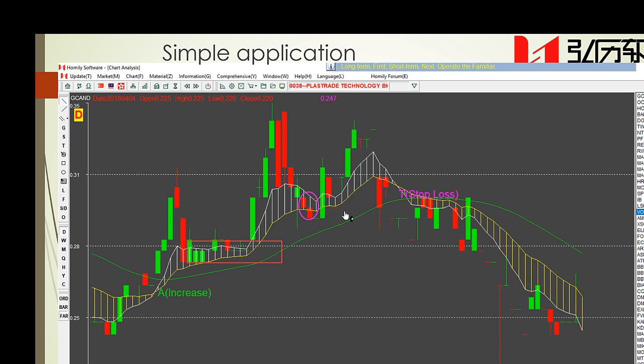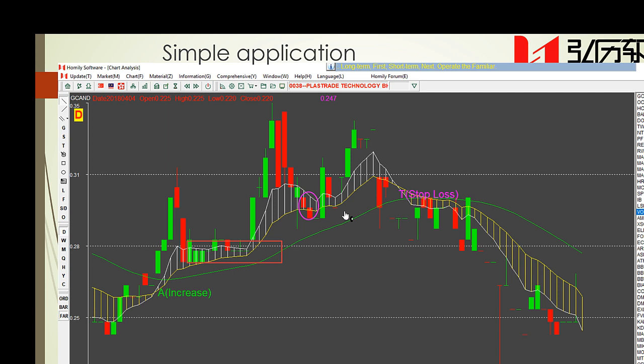But this one we can see here, when the price pull back to the white band, here we can see the direction of the white line and the yellow line. We can see the white line is turning down, and then the yellow line also turning down. So it is different, right?